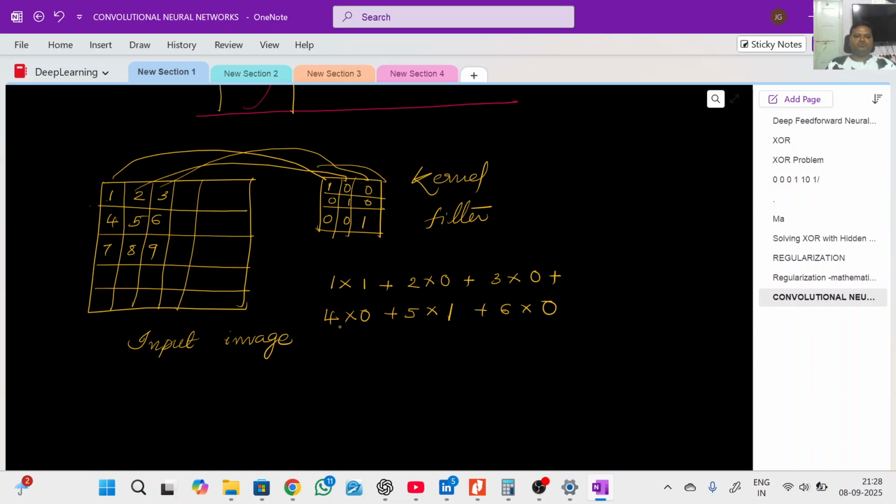Then the third row, 7 into 0, plus 8 into 0, and 9 into 1. This value we will place in a new matrix.